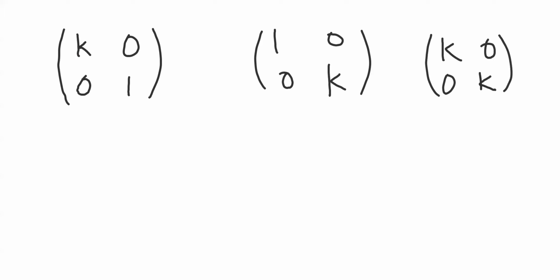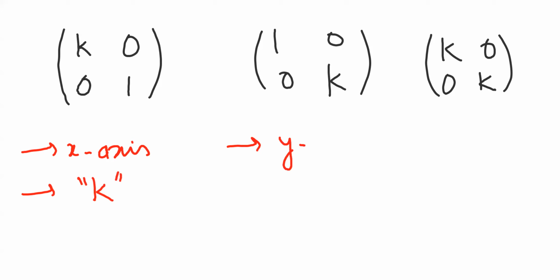So the first matrix is going to show our stretch on the x-axis by a factor of k. The second one is going to show our stretch on the y-axis by a factor of k. And the last one is going to show enlargement by a factor of k.